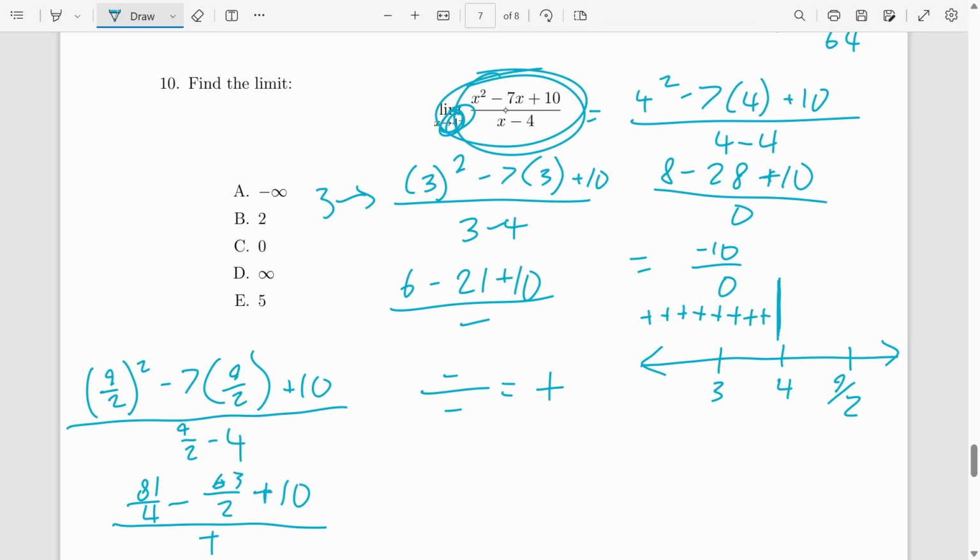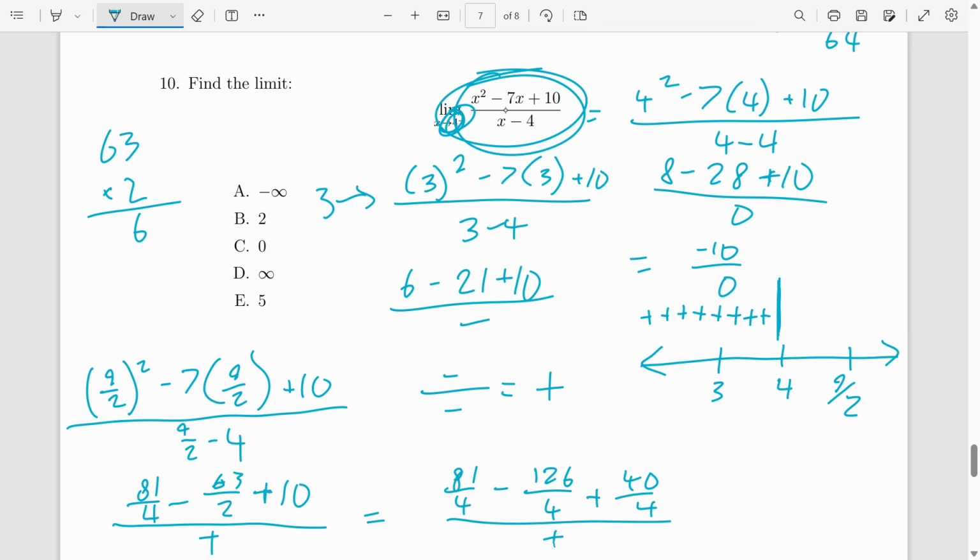We just have to make everything the same base. So this is going to be 81 fourths minus, let's see, 63 times 2. I don't even know what this is off the top of my head. It's going to be 126. Yeah, 126 over 4 plus, let's see, 10 times 4 is 40 fourths all over a positive value.